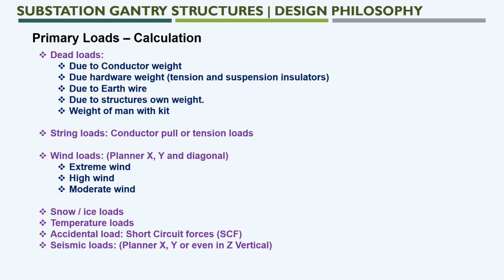And finally, the seismic loads: if it is required by the technical specification or customer, otherwise we can ignore this also, because seismic load has very little impact compared to wind loads. Again, this can be applied in either the X, Y horizontal direction or the Z vertical direction, depending upon the requirement or the standards.